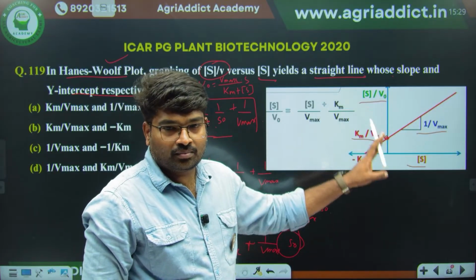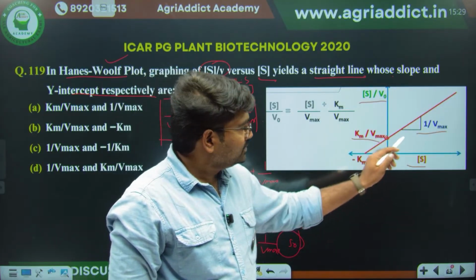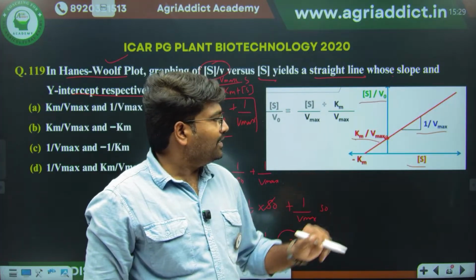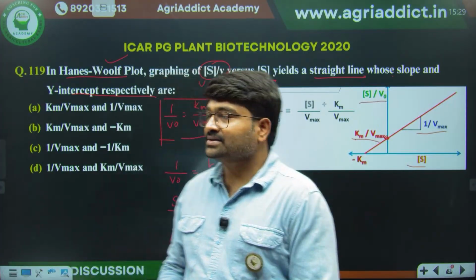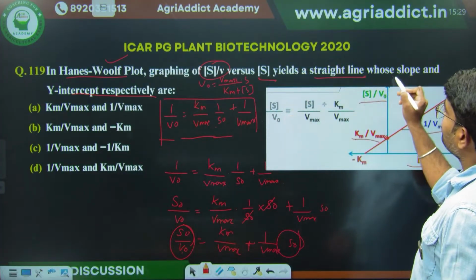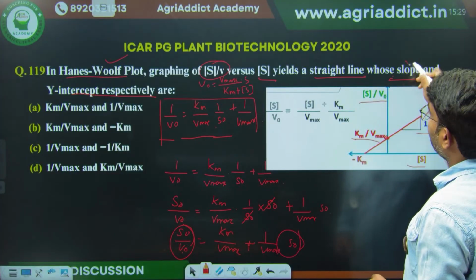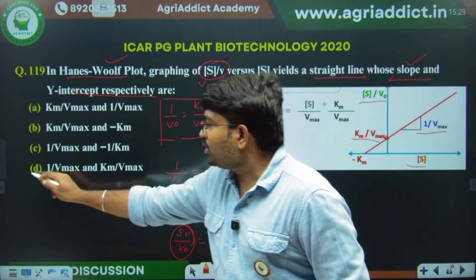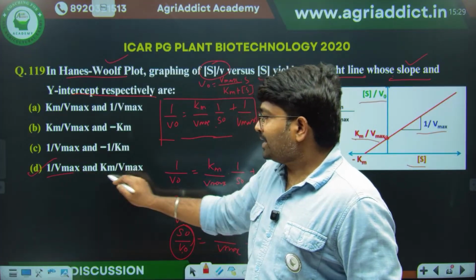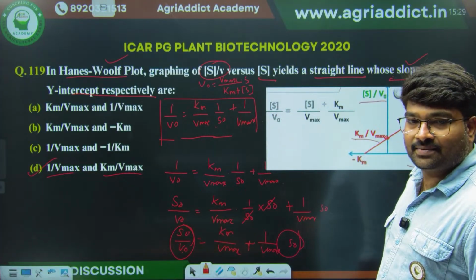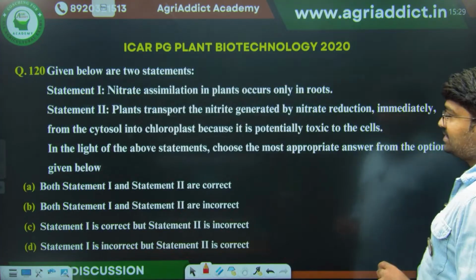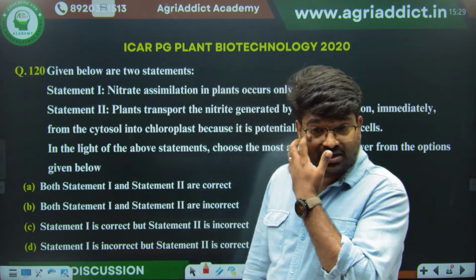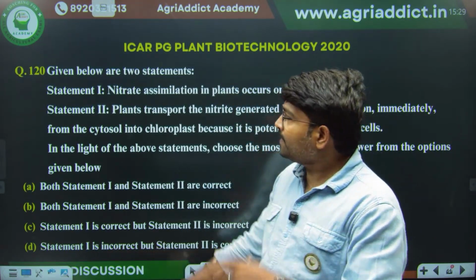So if you plot a graph like this, we will get a slope of 1/Vmax and a y-intercept of Km/Vmax. In our question, they are asking what is the slope value and what is the y-intercept. So 1/Vmax is the slope, Km/Vmax is the y-intercept. I hope that is clear for everyone. Okay, this is a somewhat advanced question. You have to read.